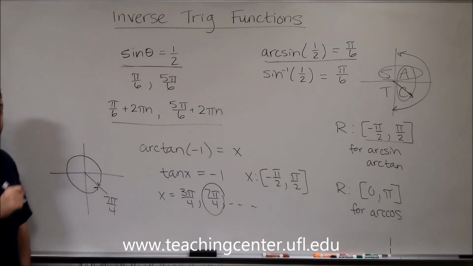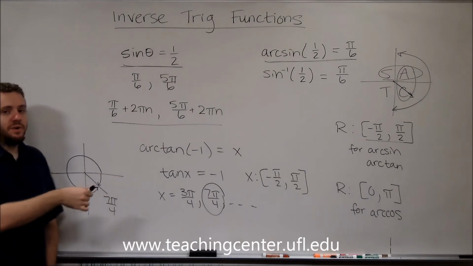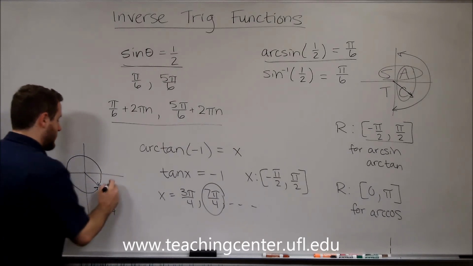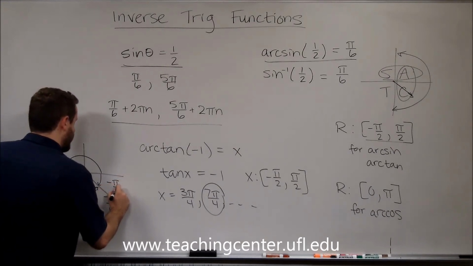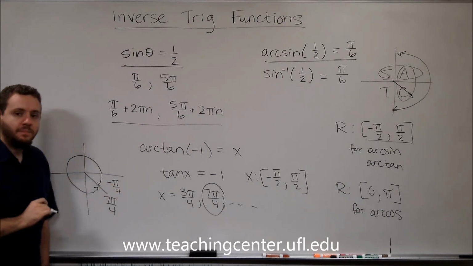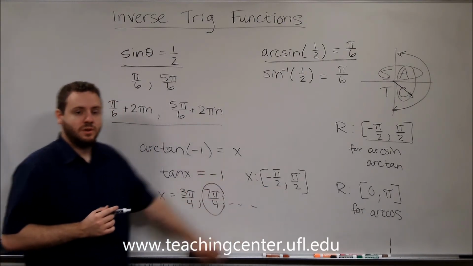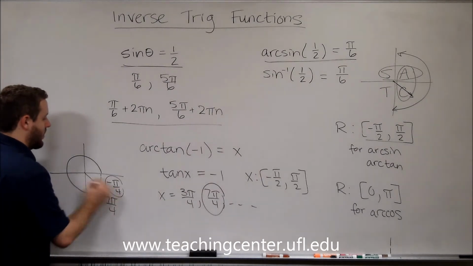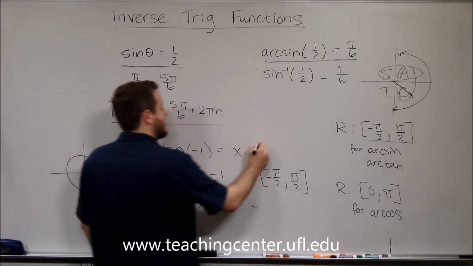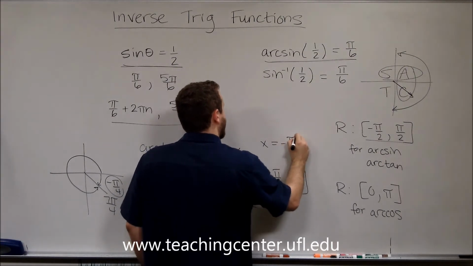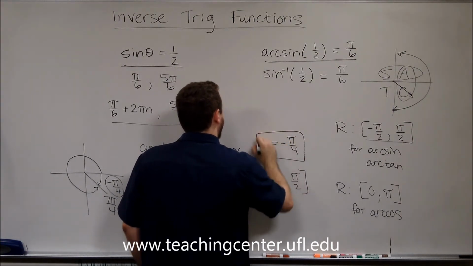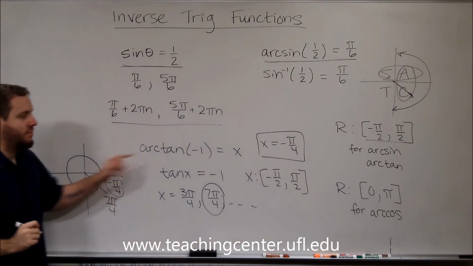But what would you call that? Remember, when you go in a clockwise direction, you count that as negative. So these two are the same thing, but we wanted something in this range. We have that here with -pi over 4. So our answer to this would be -pi over 4.